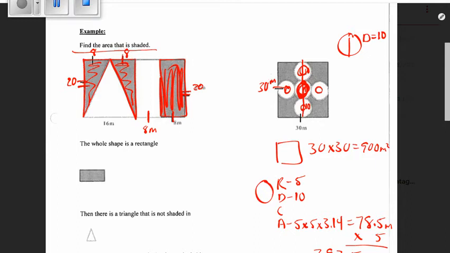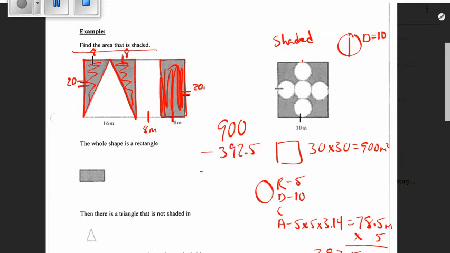So if I want to know in this case the shaded area, I have to take off this white stuff, which is the circles, from everything. So I'm going to take the 900, which is everything, take off all those circles, 392.5, and I get 507.5 meters squared is what is shaded in.